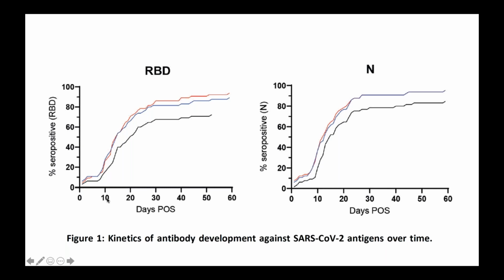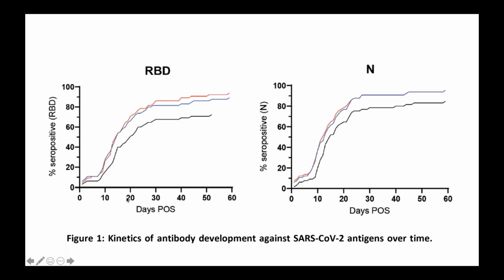And then they're looking on average at the development of seropositivity, meaning the time point at which antibodies were detected in different individuals. So again, this is for IgG results, and then on the right y-axis it says percent seropositive. So that's basically just telling you whether or not patients were positive for antibodies.